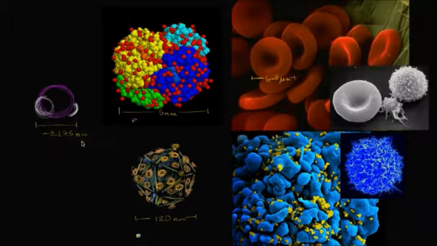And just to remind ourselves, a nanometer is a billionth of a meter. And just to get an appreciation of that, so this is 1 billionth of a meter. That's a nanometer. And if you want to even attempt to visualize that, that would be a millionth of a millimeter.